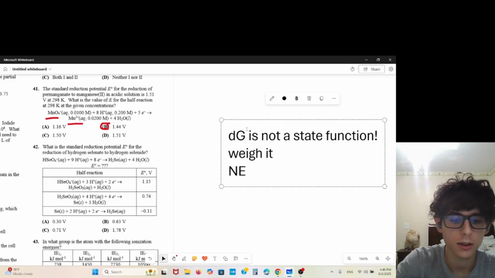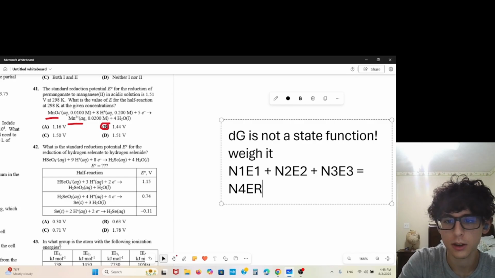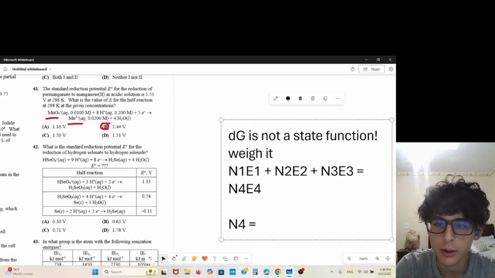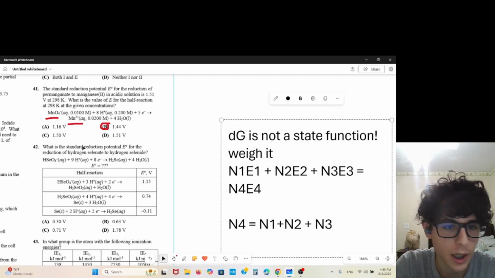There's a formula. N1E1 plus N2E2 plus N3E3 equals N4E4. N4 equals presumably the sum of all of them, as we have here, right?